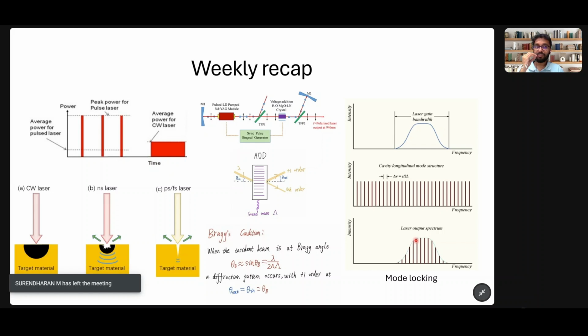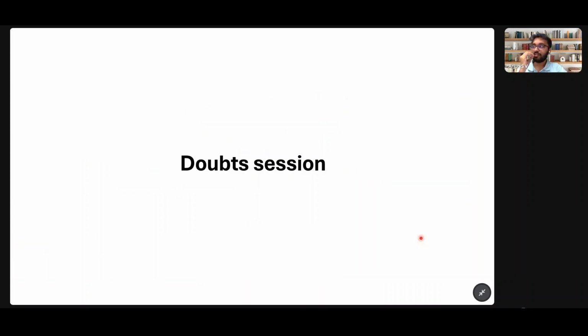So if all the frequencies operate at the same phase without any phase differences, that process is called mode locking. So we got a brief introduction to how mode locking happens as well. So that was about the contents of week 7, and the session is now open for doubts. If there are any doubts, you can shoot them up now before we start to discuss the problems for week 7.